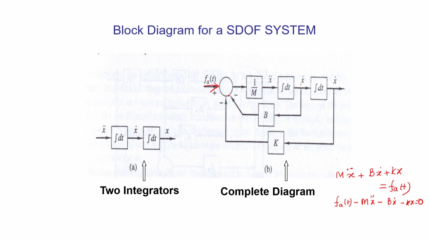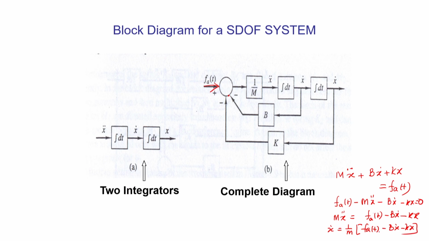and you can see that m x double dot is getting created in the system, but it is 1 by m x double dot. So, the way we are writing it here is that this m x double dot is on the right hand side. So, m x double dot equals F(t) minus b x dot minus k x, or what you can also write is that x double dot will be 1 over m of this whole thing, F(t) minus b x dot minus k x.